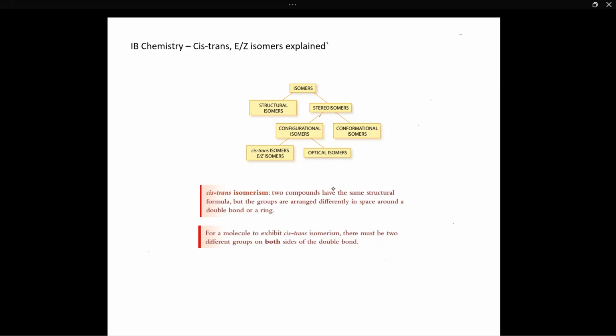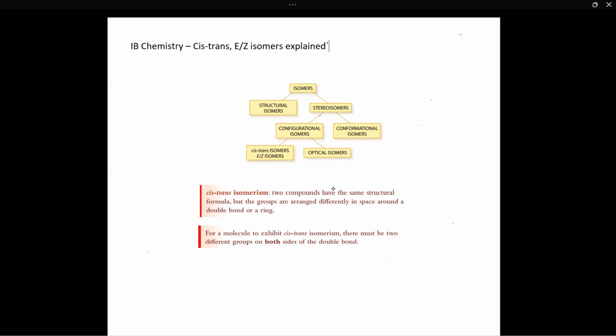Another requirement for cis-trans isomerism to exist is that the molecule should have two different groups on both sides of the double bond. Now, this is of course not applicable to a ring. Rings have slightly different cis-trans isomer requirements, and it looks a bit different.